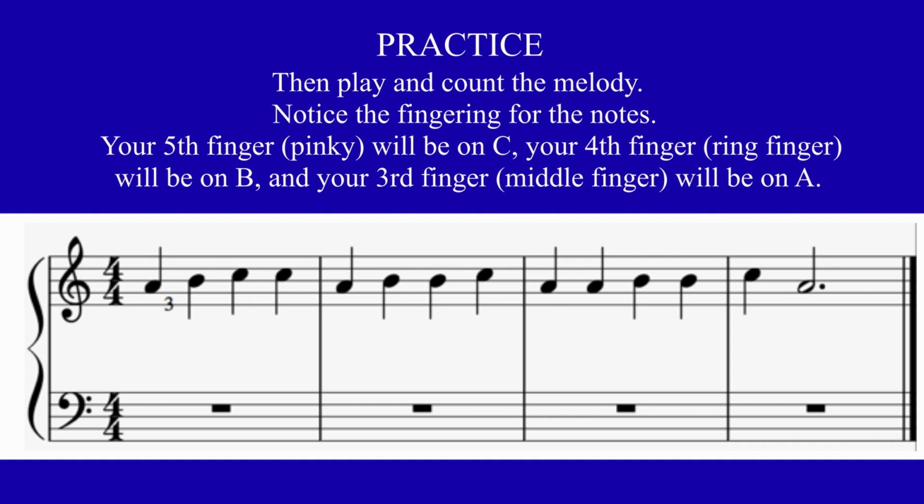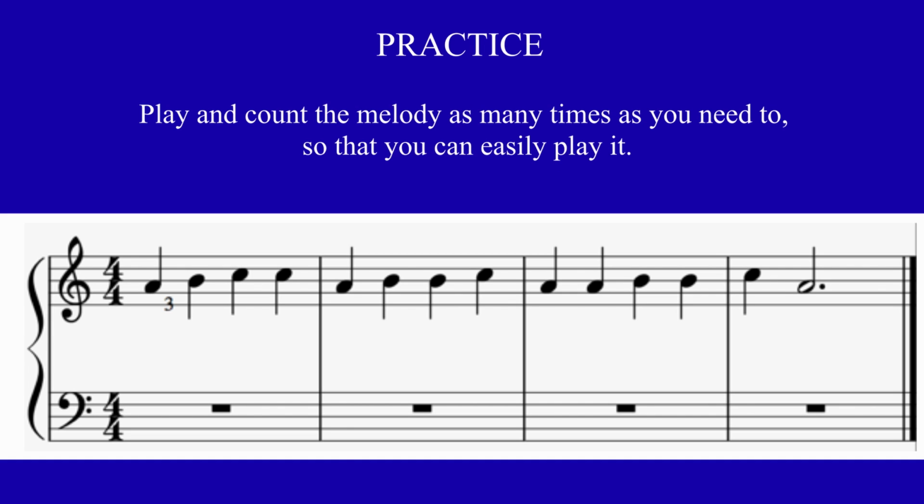Notice the fingering for the notes. Your fifth finger, pinky, will be on C. Your fourth finger, ring finger, will be on B. And your third finger, middle finger, will be on A. Play and count the melody as many times as you need to, so that you can easily play it.